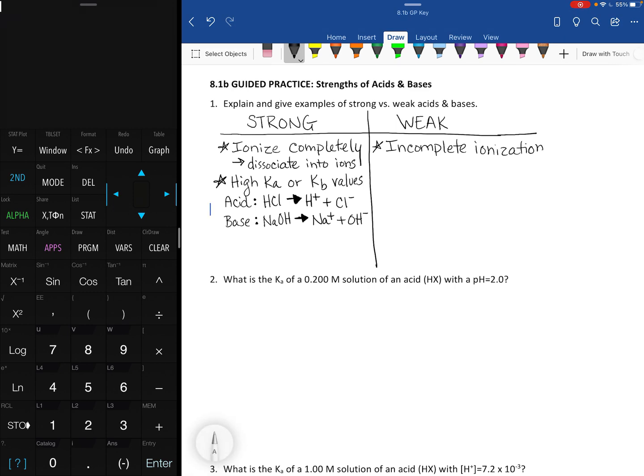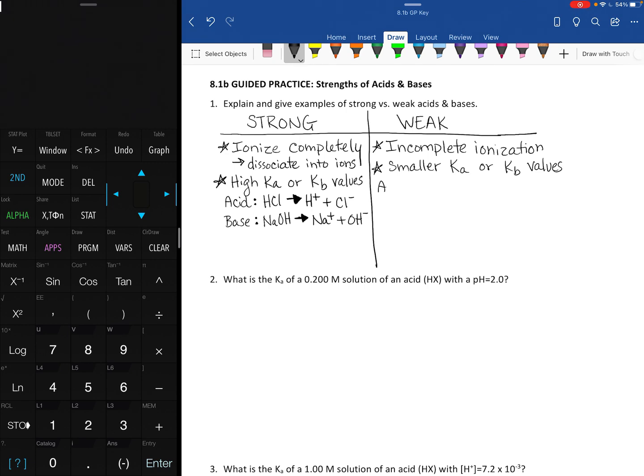Okay. These are going to have smaller, in comparison, Ka and Kb values, Ka for acids or Kb for bases. Okay, so let's look at an example.